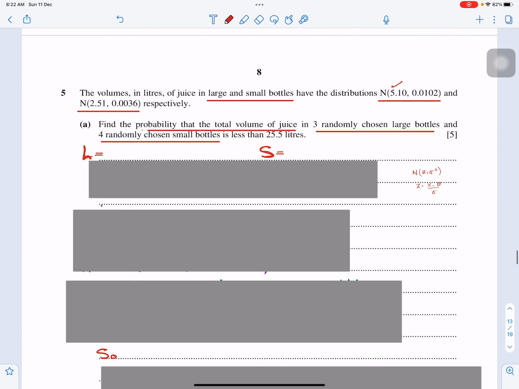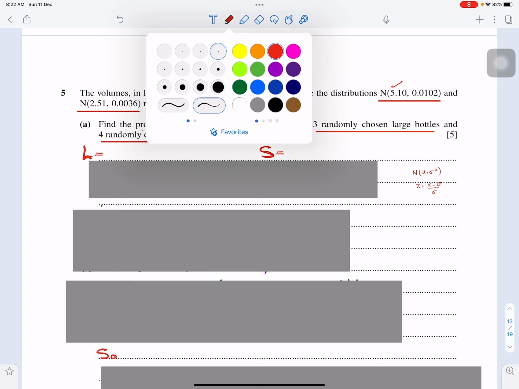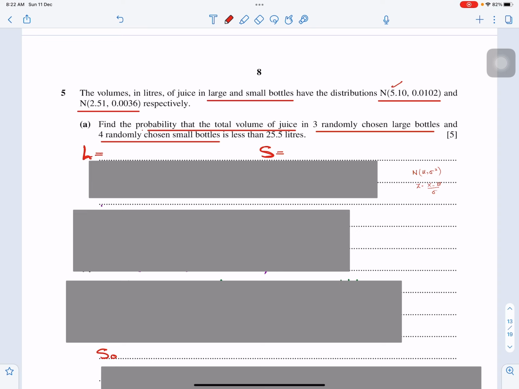So let's just start the question here. Let me refer here to large bottles, because we are picking up 3 large bottles. So I will call them L1 plus L2 plus L3. And similarly for 4 small bottles, I will call them S1 plus S2, S3 and S4, right?